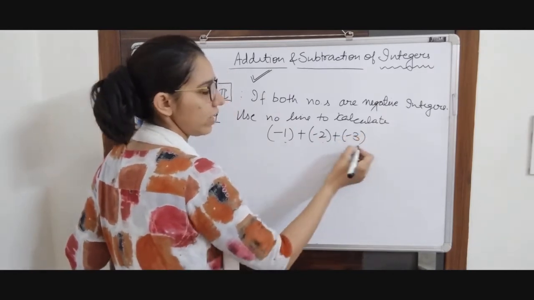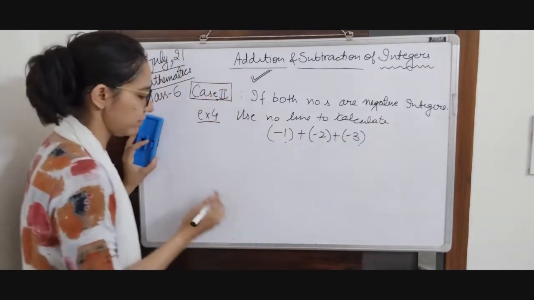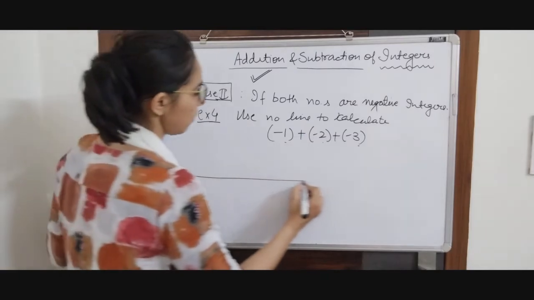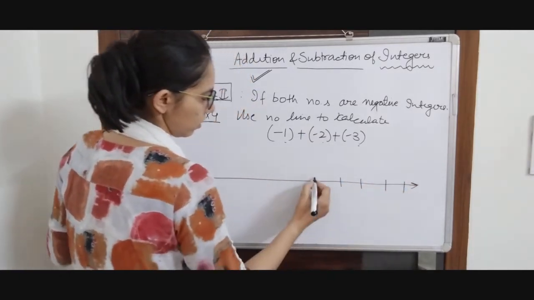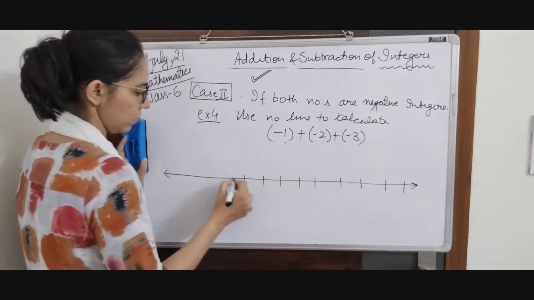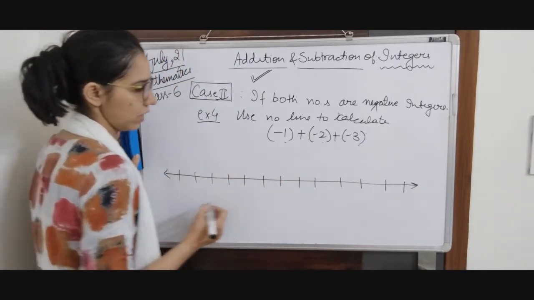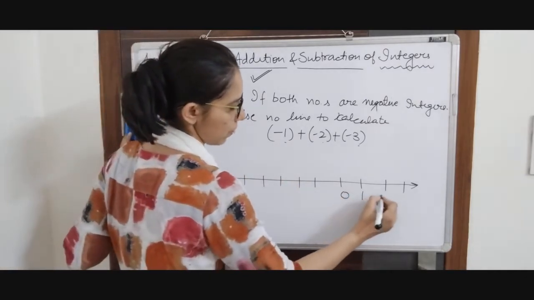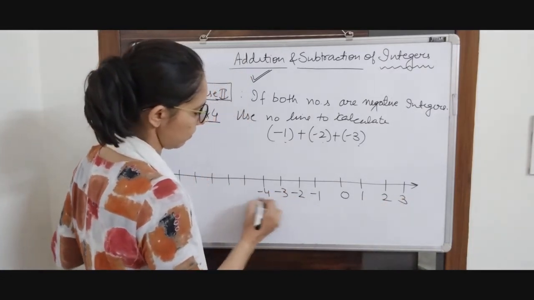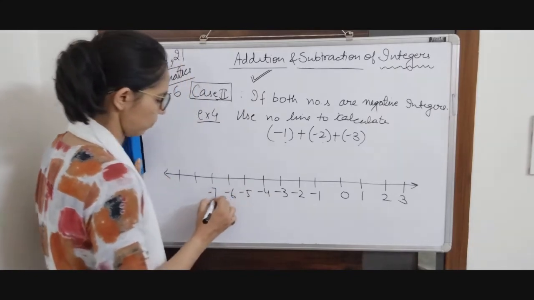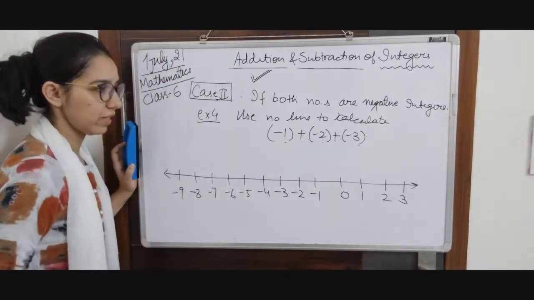So these are three negative numbers and we have to add them. So what will happen? We will draw the number line: minus 1, minus 2, minus 3, minus 4, minus 5, minus 6, minus 7, minus 8 and minus 9.